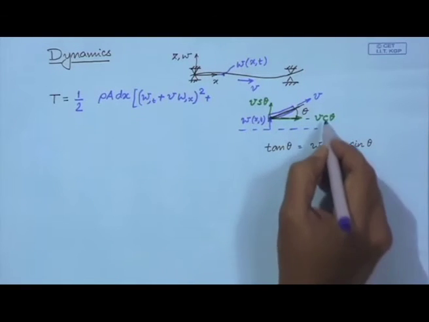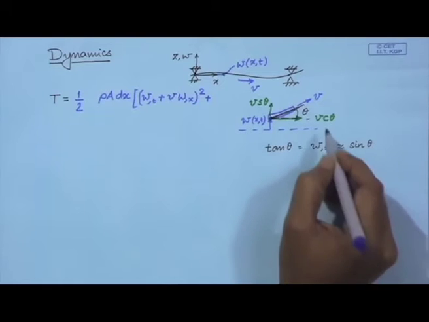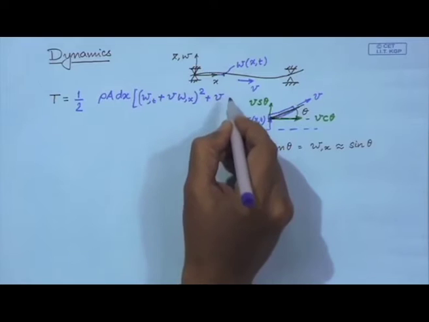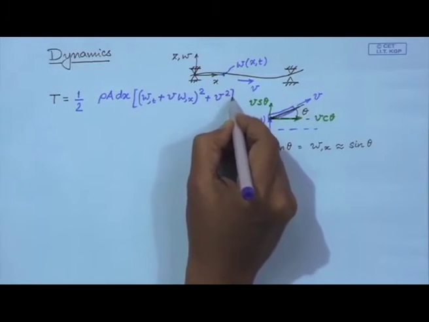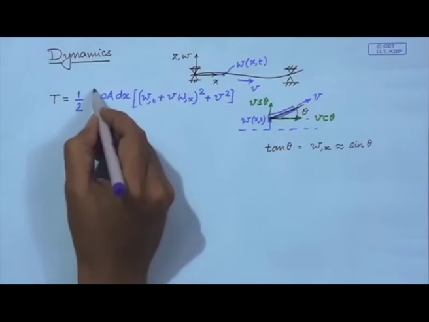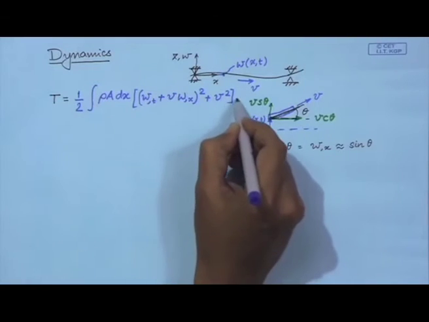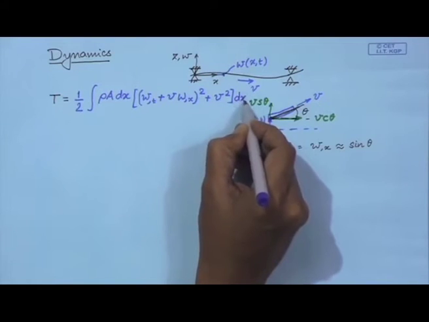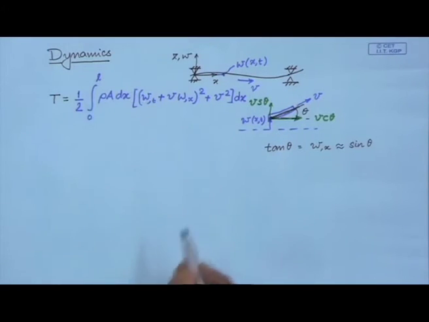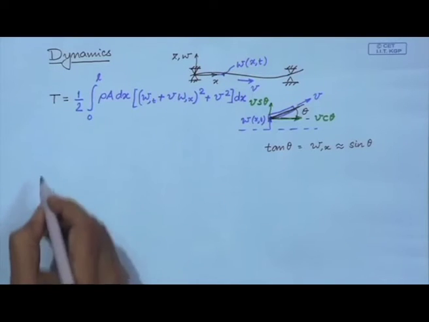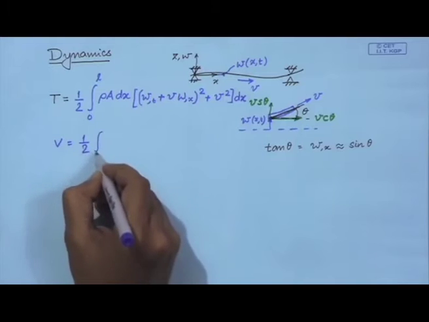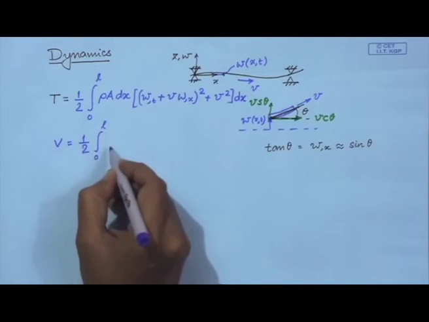Now, with the assumption that del w del x is small, v cosine theta can be approximated as this, and therefore, if I integrate this over the total length of the string, I have the total kinetic energy of the string. The potential energy is same as that of a normal string.